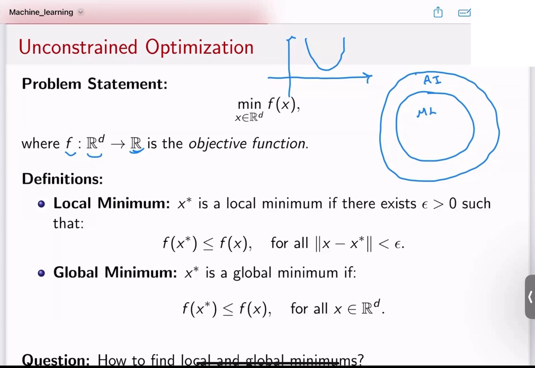So I'm going to explain what it takes for a critical point to be a local minimum.